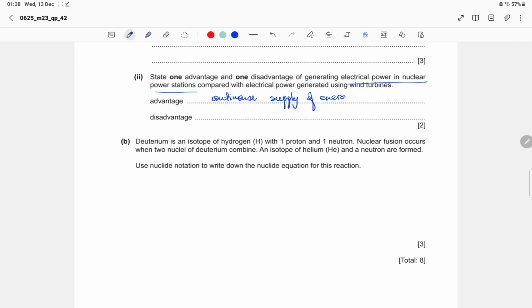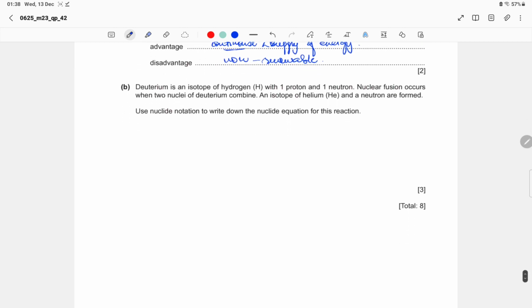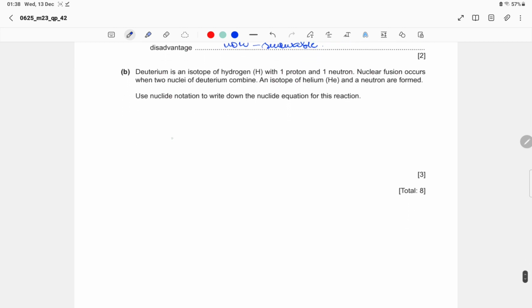Basically, you have a huge amount of energy by this process, and continuous means that you have got a huge amount of energy. Okay, and the disadvantage is that it is a non-renewable energy source.